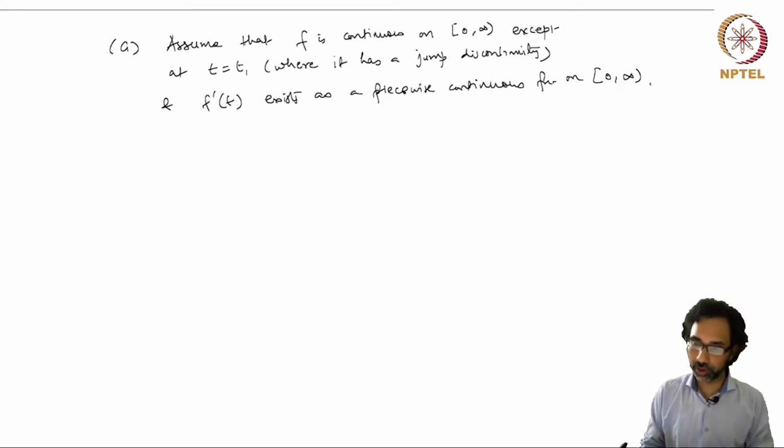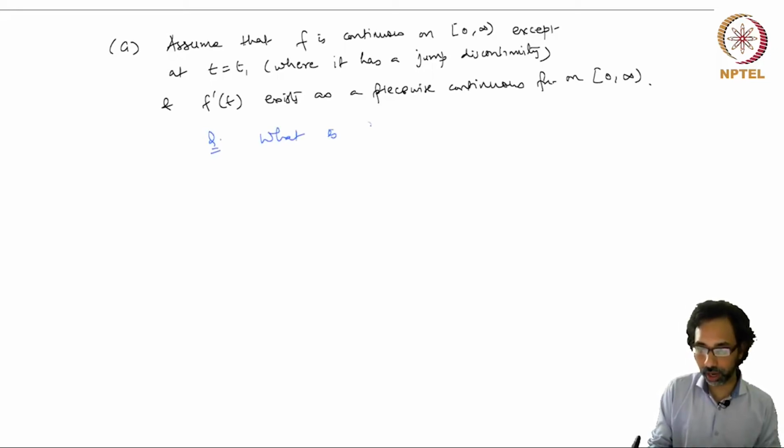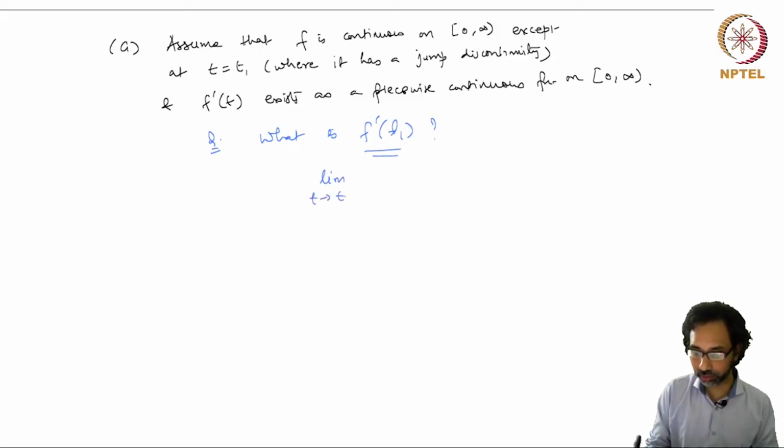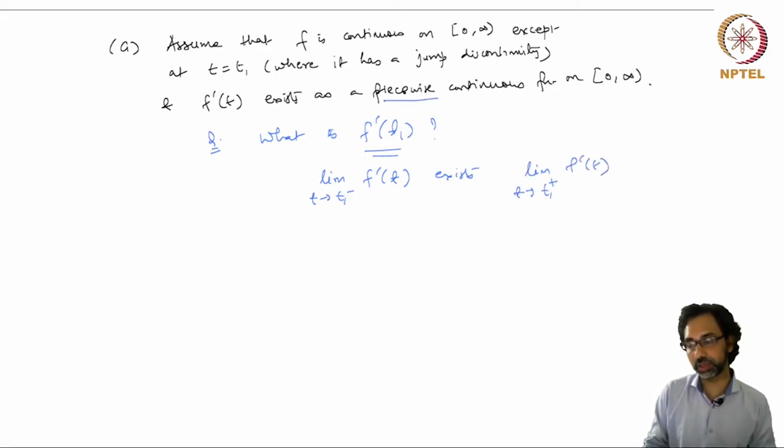Now here there is a subtle point, which is that if f has a discontinuity at t equal to t1, then what is f prime of t1? The answer is that this is not defined because it is not differentiable at t equal to t1, but the left hand side limit as t goes to t1 minus of f prime t exists, and the limit as t goes to t1 plus of f prime t also exists because it's assumed to be piecewise continuous.